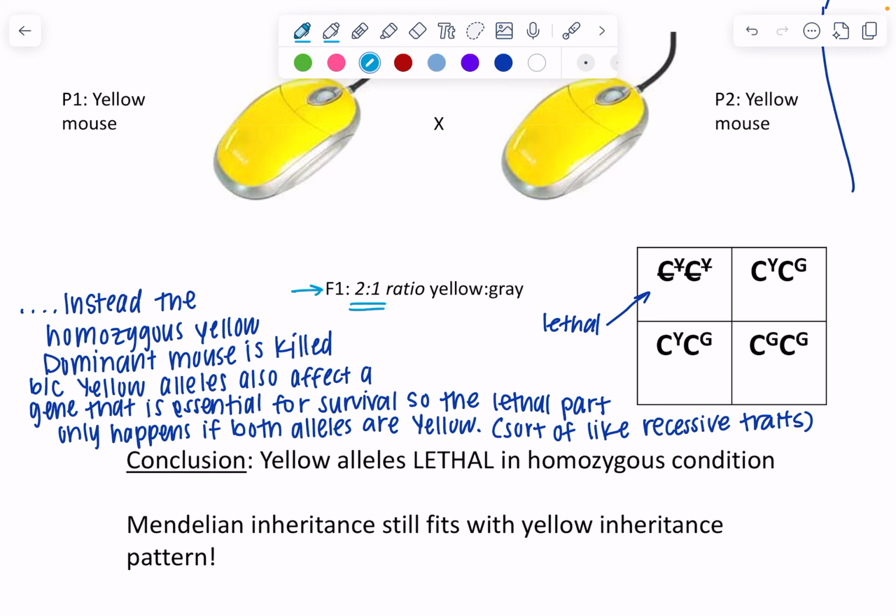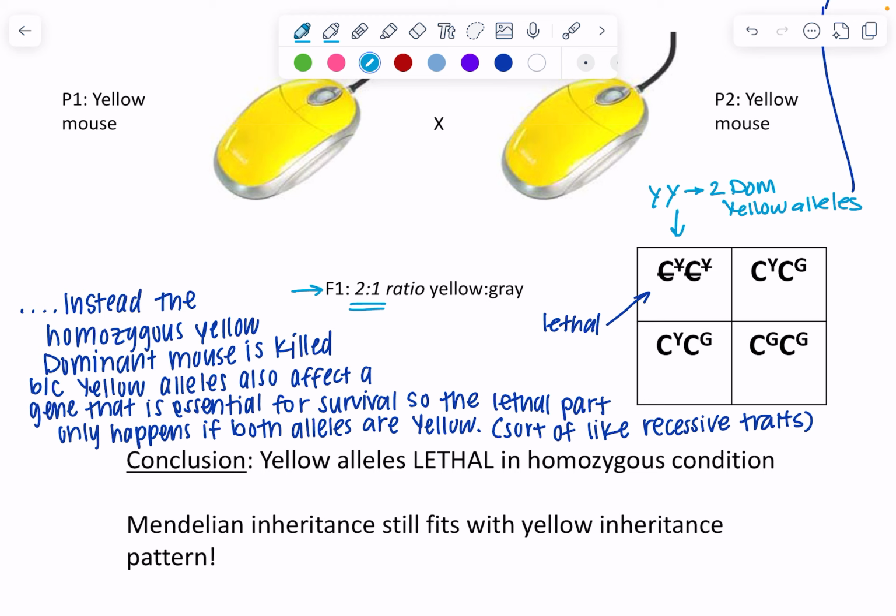The only reason they get a 2-to-1 ratio is because every 1 out of 4 mice dies. That's yellow. It's a yellow mouse that dies. So what he discovered was that these yellow mice that have 2 dominant yellow alleles, these dominant alleles are coding for something else that's making a null mutation.